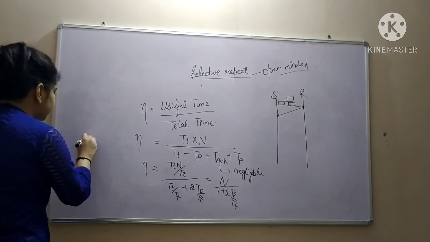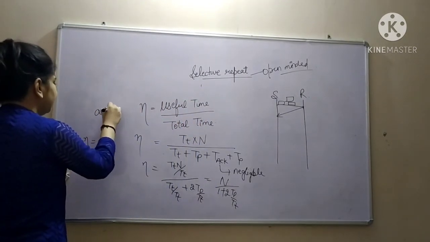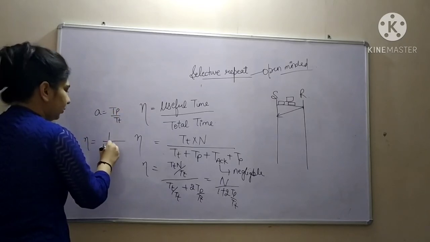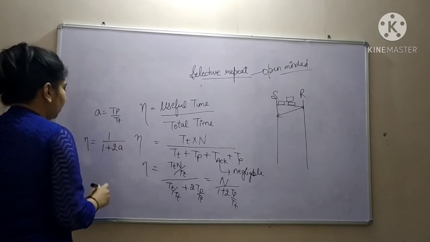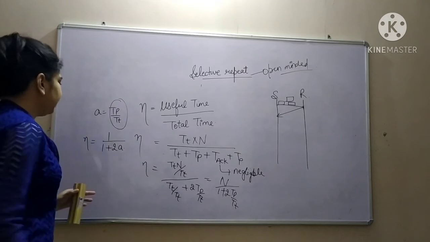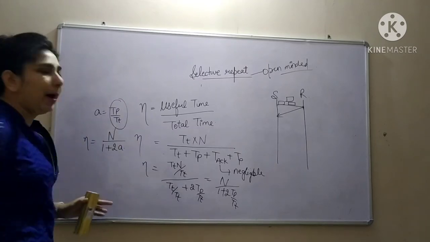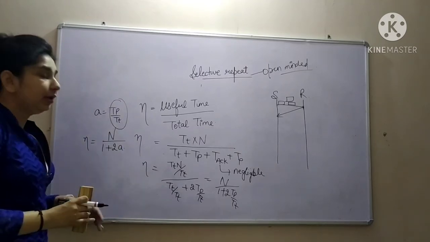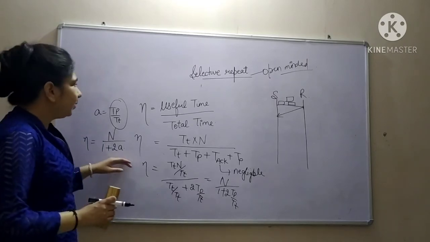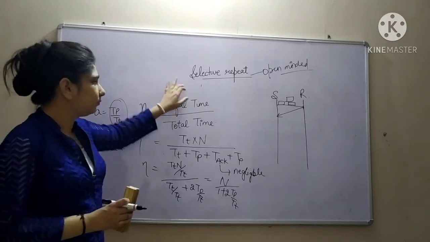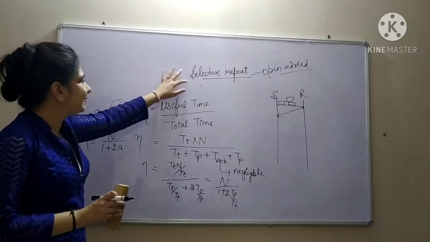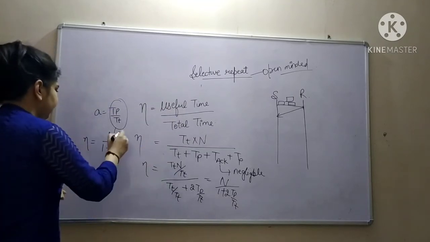Let A be equal to TP by TT, so the efficiency is n upon 1 plus 2A, where A is equivalent to TP by TT. So the efficiency in this case is similar to Go-Back-N. The efficiency of Go-Back-N and selective repeat is the same.